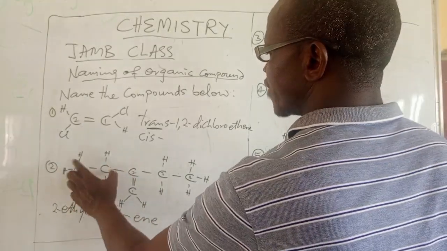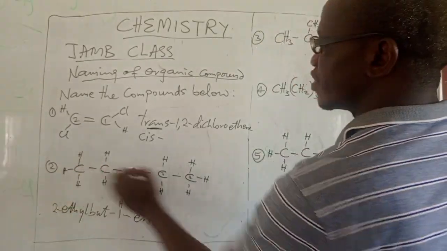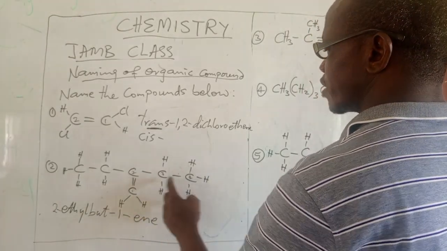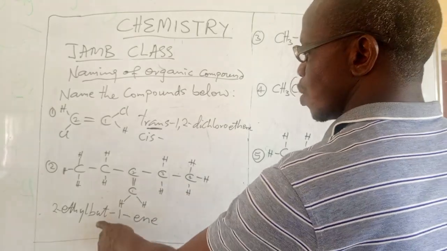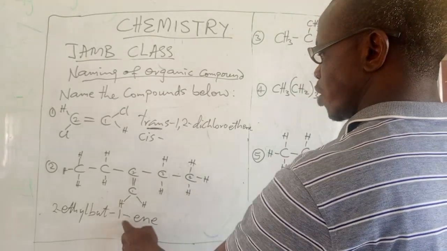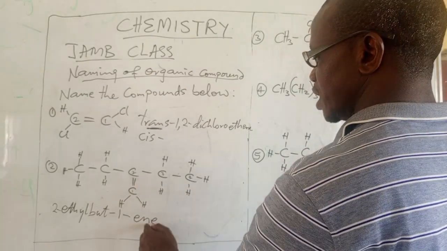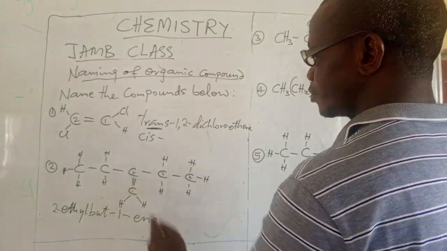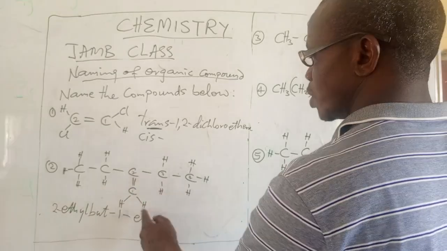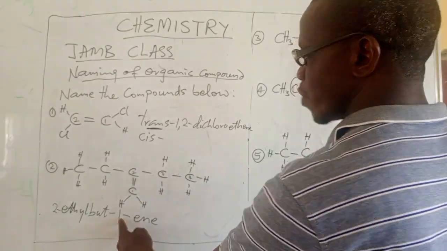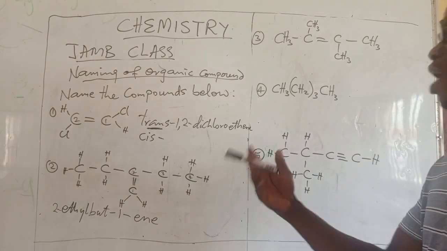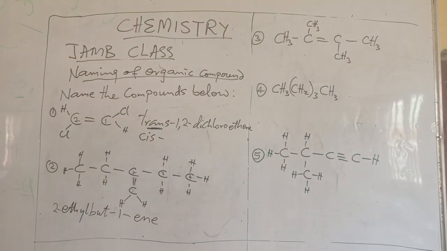So now that I have ethyl, I said 2-ethylbut, because I have 1, 2, 3, 4, and 4 is but. But-1-ene. The double bond is ene. Where do you have the double bond attached? It is carbon 1. You meet the double bond on carbon 1. That's why you have 1-ene. So I believe you are following, and I know that you understand what I am doing there. So that's the name of that compound.